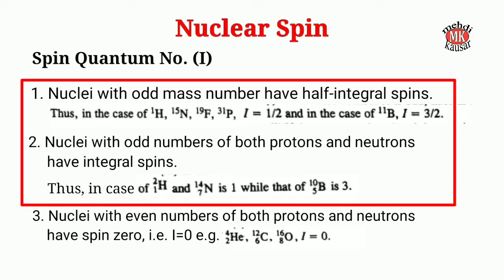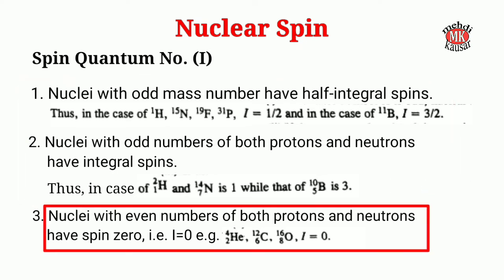These two types of nuclei can be considered as minute magnets having a magnetic moment, and I is greater than 0. These nuclei are NMR active and give rise to NMR spectra. On the other hand, nuclei with even number of both protons and neutrons have 0 nuclear spin.